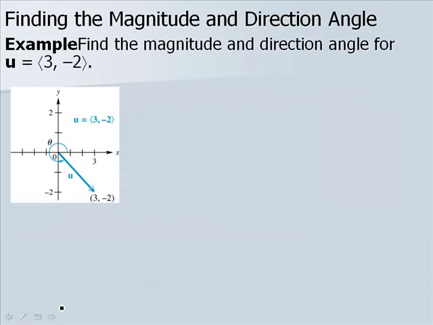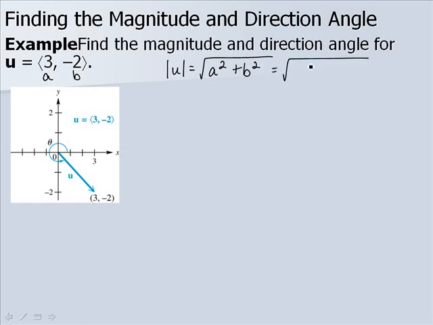Now let's look at an example. We want to find the magnitude and direction for our vector 3, negative 2. Remember that the magnitude of our vector is the square root of a squared plus b squared, where a is first and b is our second value.